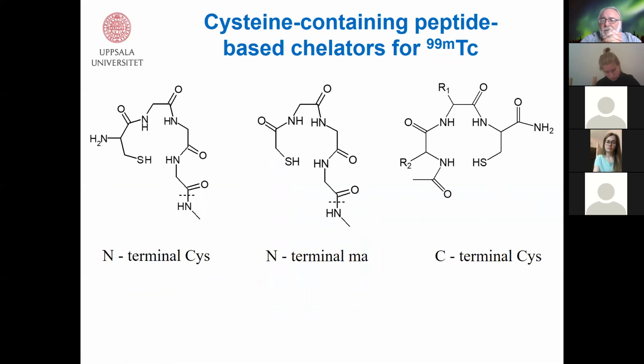Well, it has to be noted that if you place cysteine at C-terminus, then you suddenly could get the same 5-member ring even with cysteine. So there is a difference whether you place it at N-terminus or at C-terminus. So it was worthwhile trying.